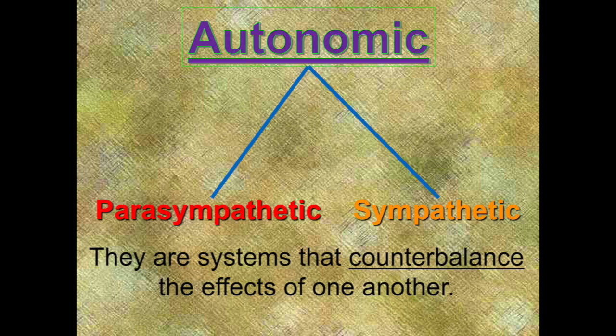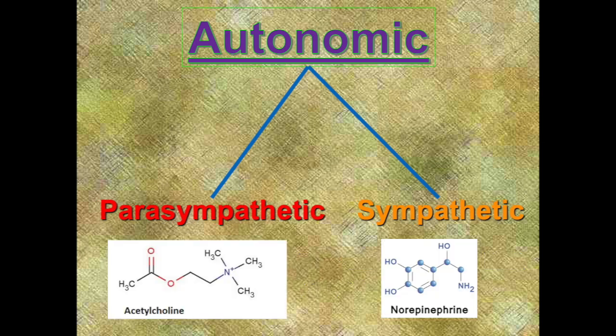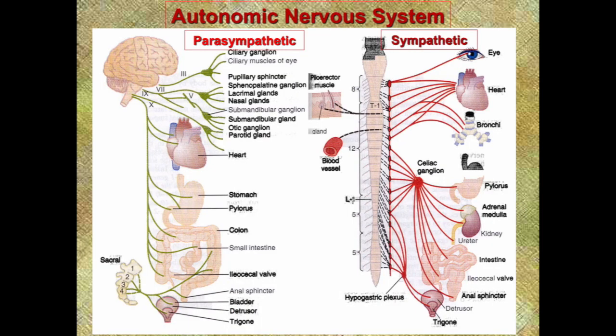Recall the autonomic nervous system, the parasympathetic and the sympathetic side that balance each other. Know that the neurotransmitters on the parasympathetic side are acetylcholine, and on the sympathetic side is norepinephrine, and that they have two different anatomies, but that they innervate the same organs and they counterbalance each other.